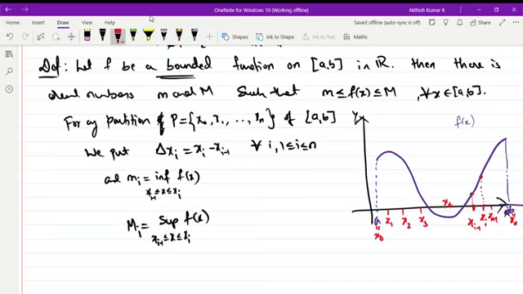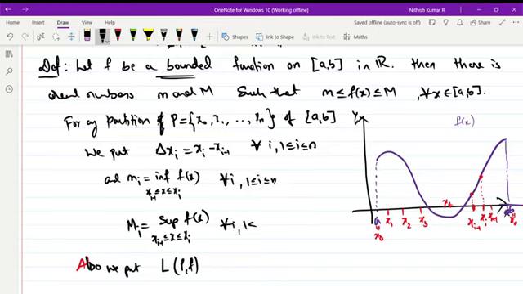And so we put L(P, f), and we are calculating this for all i, 1 less than or equal to i less than or equal to n.